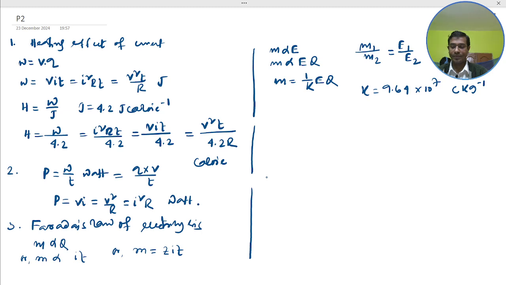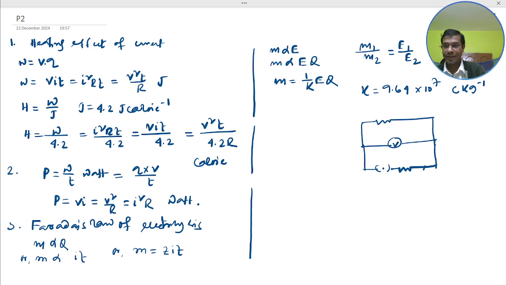Suppose this is the internal resistance here, this one is the key K and the external resistance R. Here is an ammeter, and here this is E, and the total current is I. So it is written as V = E - Ir, where r means internal resistance, when the battery is giving current.